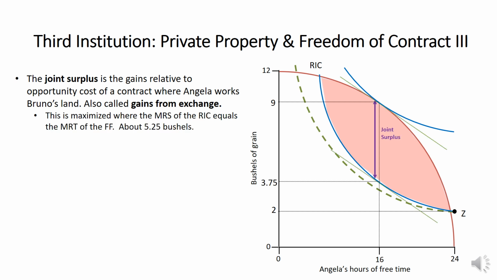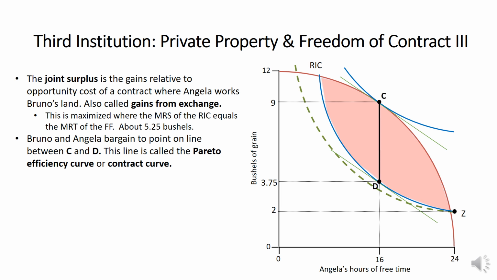We also call this the gains from exchange, and just as with the example involving the survival constraint, the joint surplus is maximized at the point where the marginal rate of substitution along the reservation indifference curve is equal to the marginal rate of transformation along the feasible frontier, and that joint surplus is about 5.5 bushels of grain.